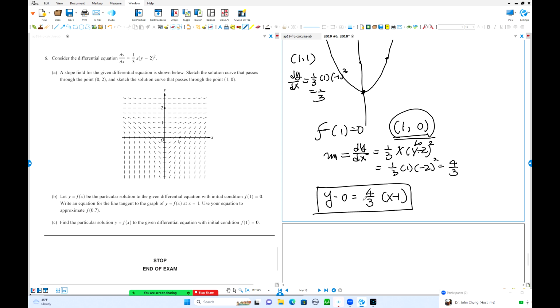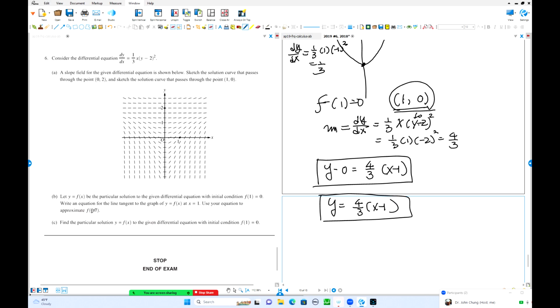That's the answer, okay? So we don't need the 0, just y equals 4/3 (x minus 1). You can leave it this way, you don't have to expand it. Using this, we're going to find the approximation of f when x equals 0.7, which is very close to x equals 1.